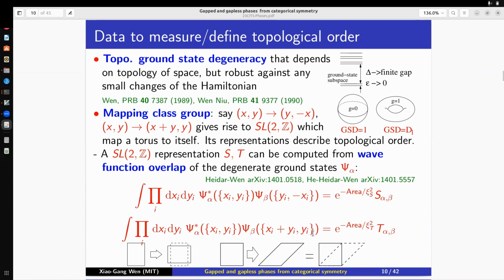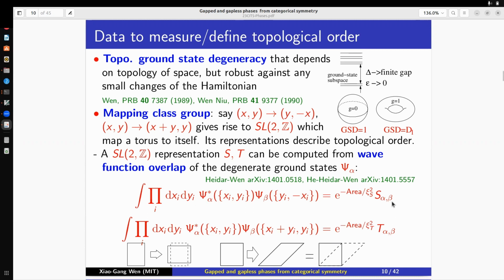Similarly, the T matrix can also be computed by doing another shear deformation, (x,y) goes to (x+y,y). The two wave functions that differ by a shear deformation also have a very tiny overlap. But again, after removing the area-dependent small factor, the constant term independent of area is universal; it is the T matrix.